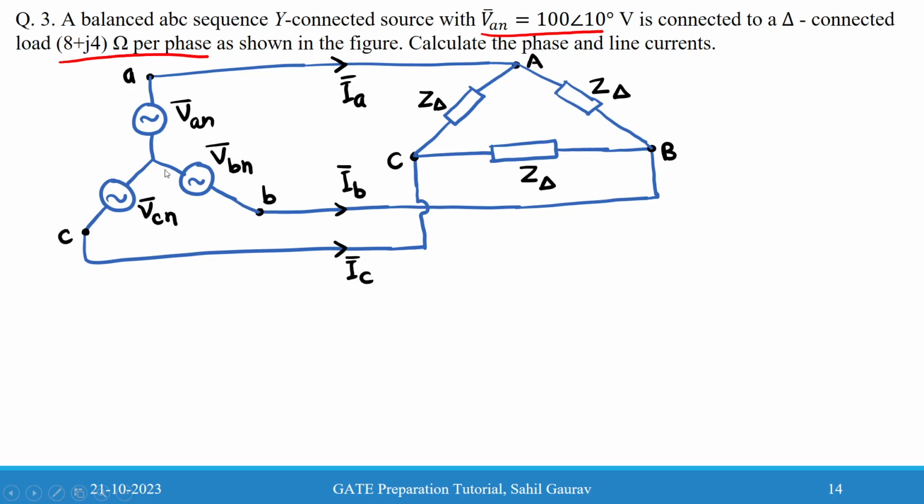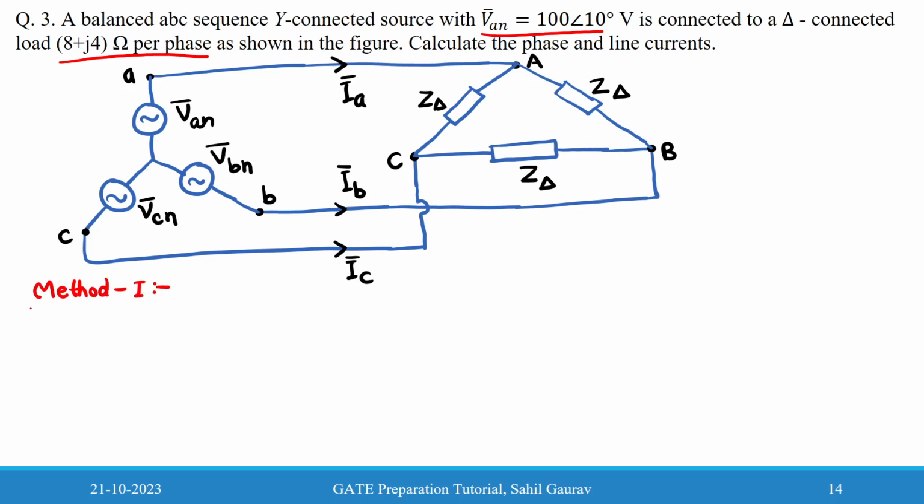And we know that for doing the per phase analysis, you need to convert delta into star. So we can approach both methods. Like in this problem, I want to show you how you will find this using the conventional method and doing the per phase analysis. If you want to approach by conventional method, we can take it as method 1, without assuming the per phase analysis.